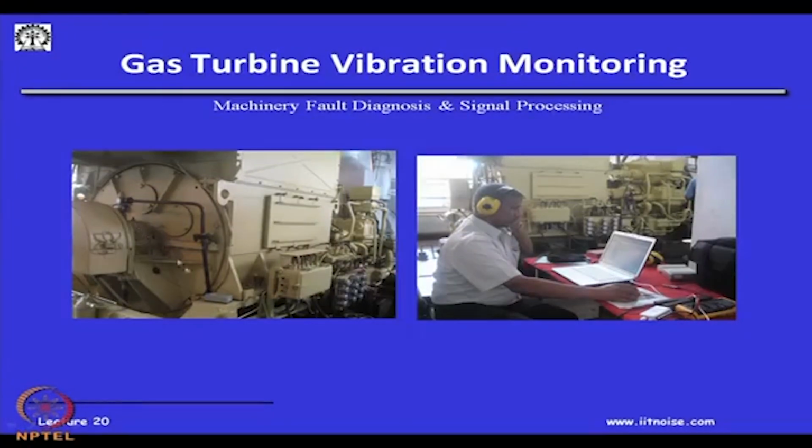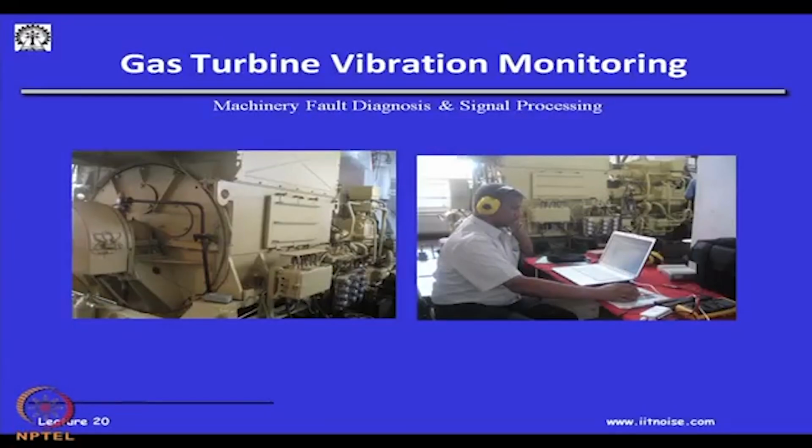If you can see here, this is an ICP type of accelerometer, wherein this gives the power supply, and obviously the gas turbines are very noisy. So, you have to put an ear muff here, because it is a very noisy environment. This was in a test bed. We are monitoring the health of the gas turbine to do the health monitoring.